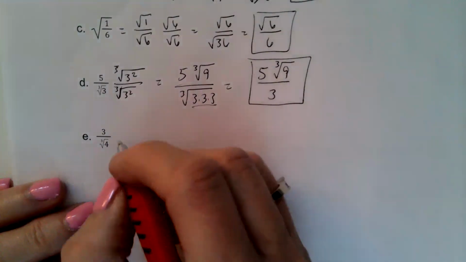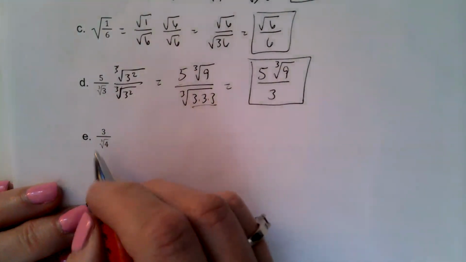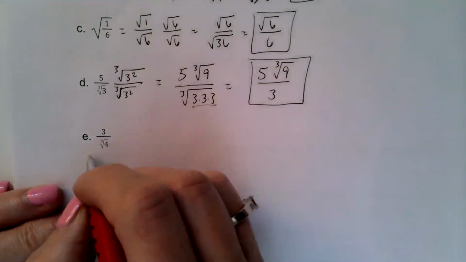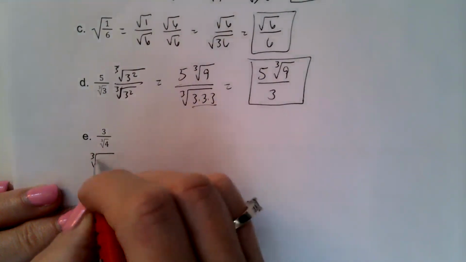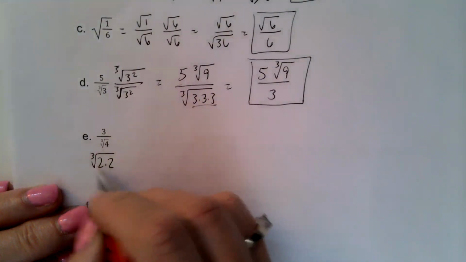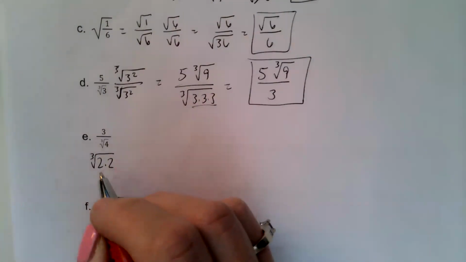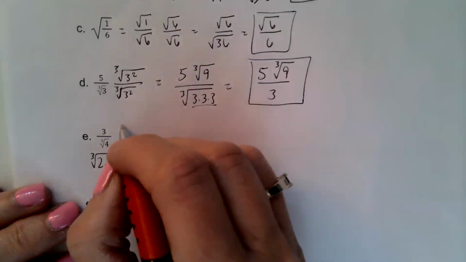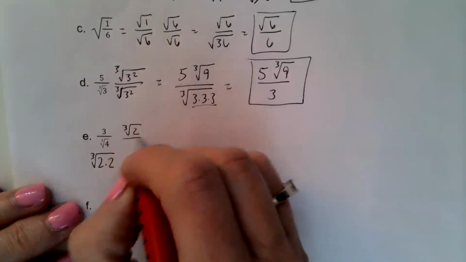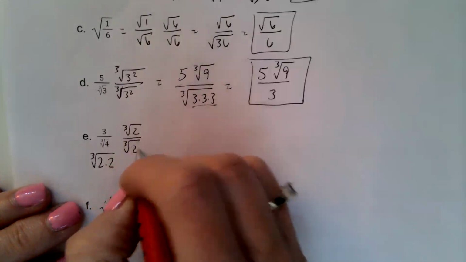Okay, letter E. I have the cubed root of 4 in the denominator. Well, the cubed root of 4 could really be the cubed root of 2 times 2. So I have 2 things. I just need a third one. So I can multiply by the cubed root of 2 over the cubed root of 2.